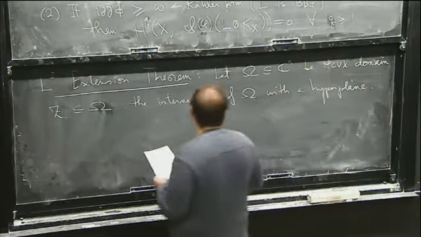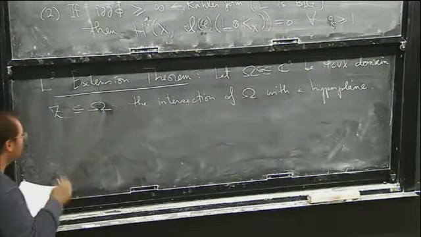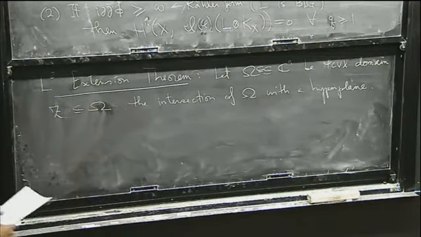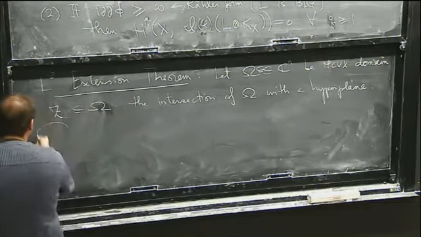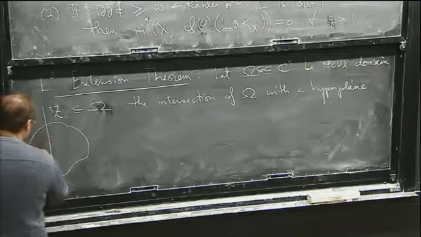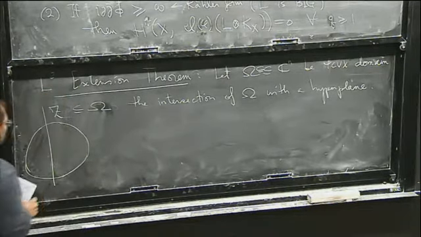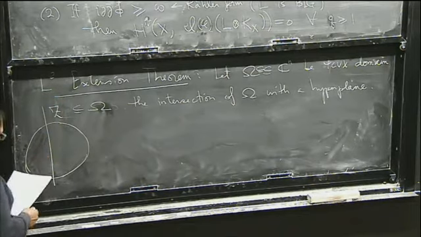Oh yeah, sorry. It should definitely be bounded for this. So a bounded pseudo-convex domain, and then you intersect it with some hyperplane. Think of it as convex, and you have some hyperplane in there.